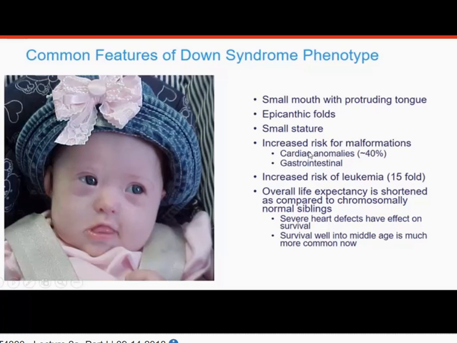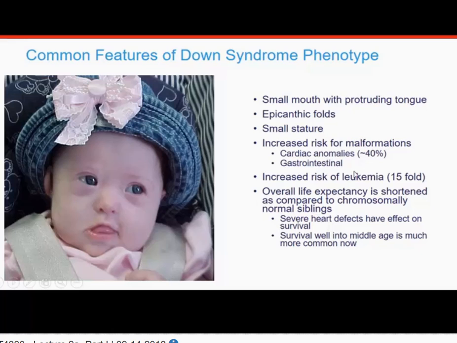None of those issues cause any clinical problems for them. The main thing, besides the delay, would be the cardiac and GI malformations that could be very serious and need immediate attention when the baby's born.